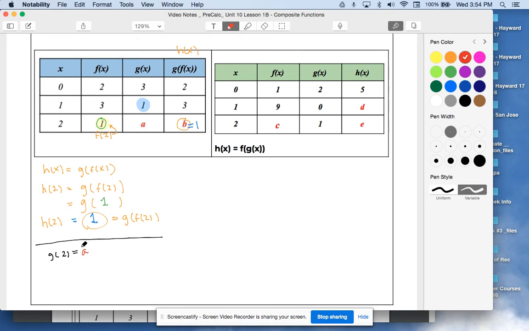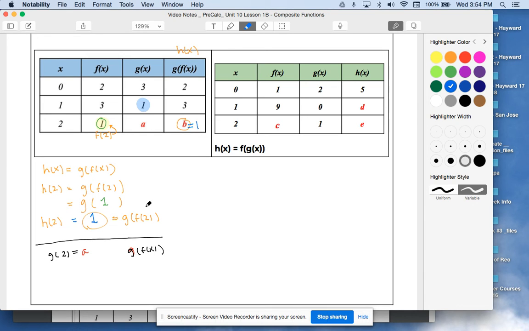This is tough because we don't have something to look at beforehand. All we have is this third column, and we're going to use this third column to help us figure this out. So we know in the third column we have g of f of x, okay?